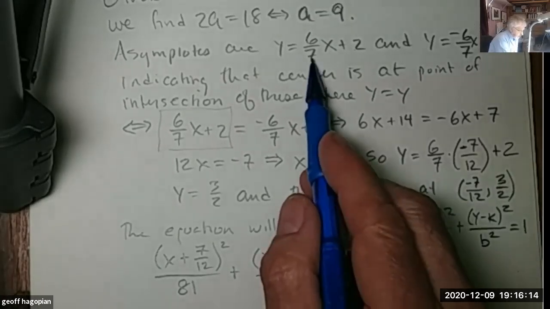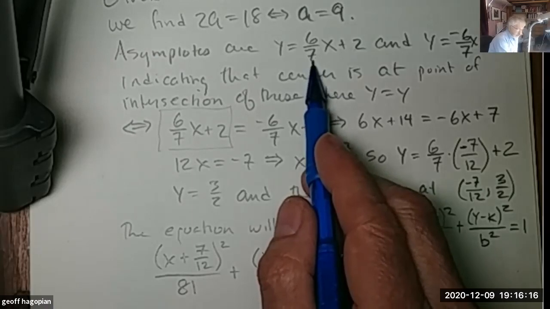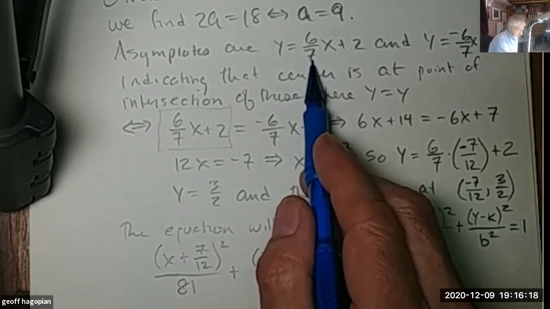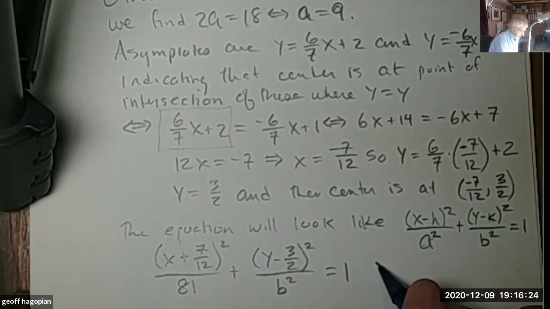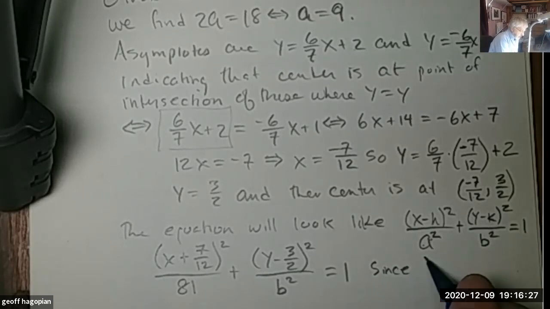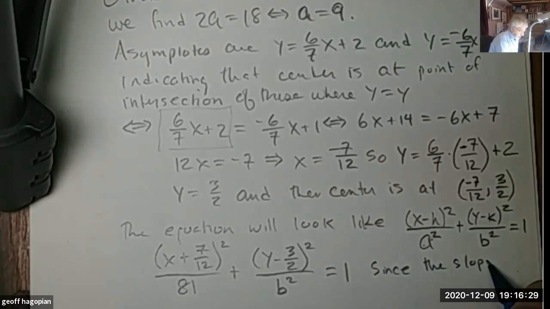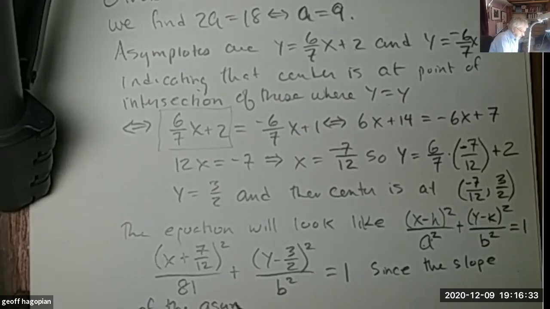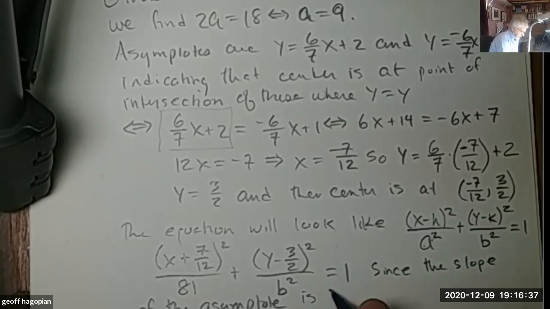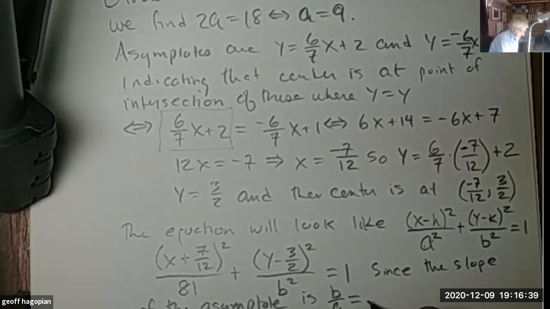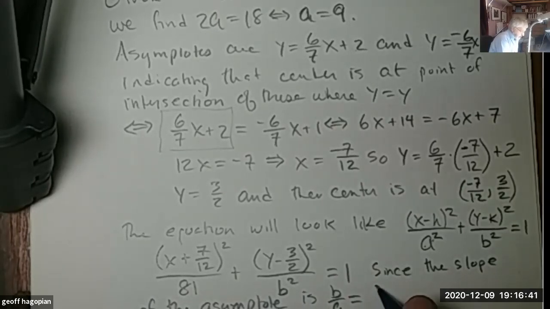Well, we know the slope, right? And if a goes with x, then the slope of the asymptote is b over a, right? So I was wrong about not knowing enough. It's going to be b over a in this case, right? And that's going to be 6/7.